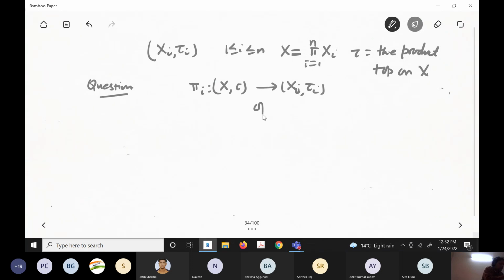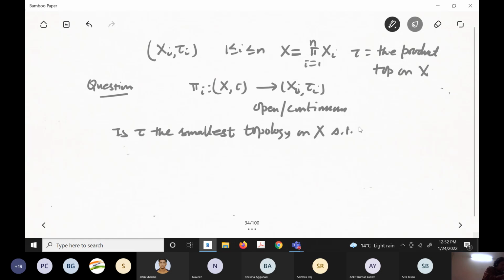That we have proved. My question is, is tau the smallest topology on X such that each pi_i is continuous?